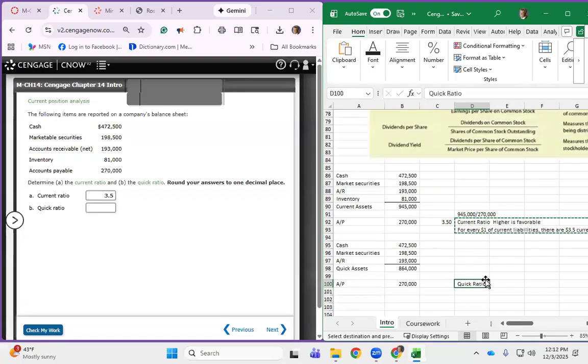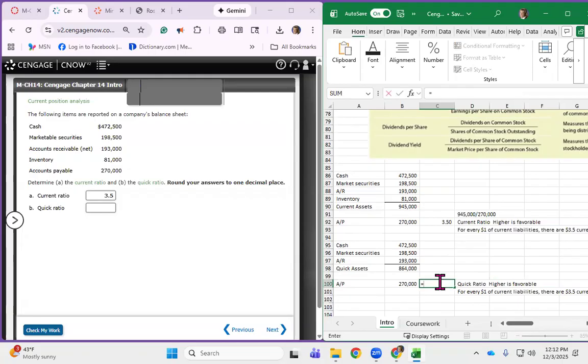I may not put this on every one of them. I'm just trying to start you understanding what these are. So once again, this is called quick ratio. For every dollar of current liabilities, there are, let me do my math here. We take our quick assets and divide by our current liabilities, and we get 3.2.